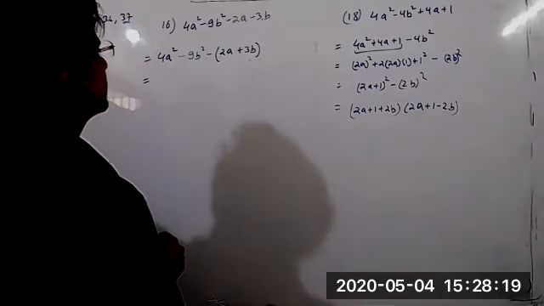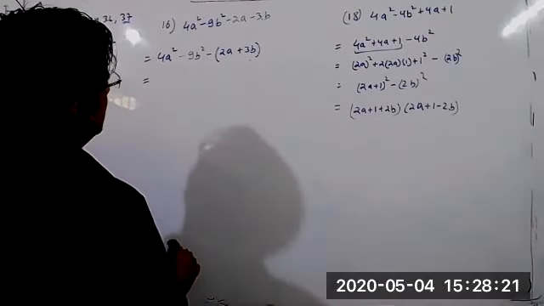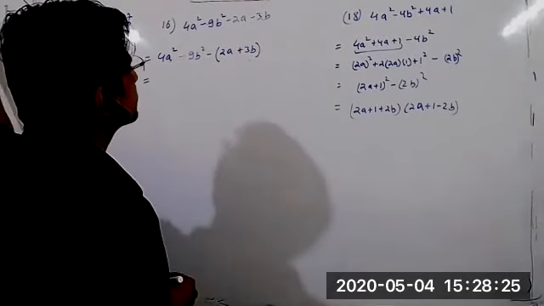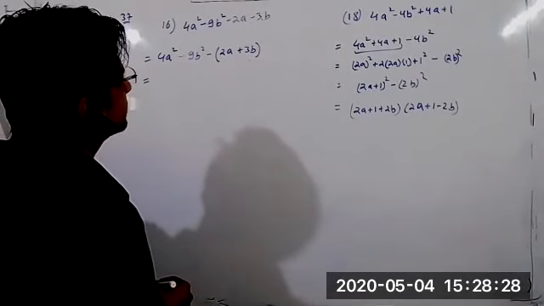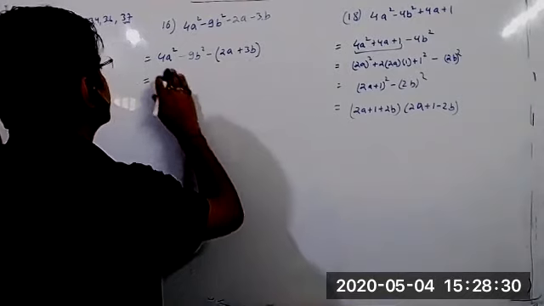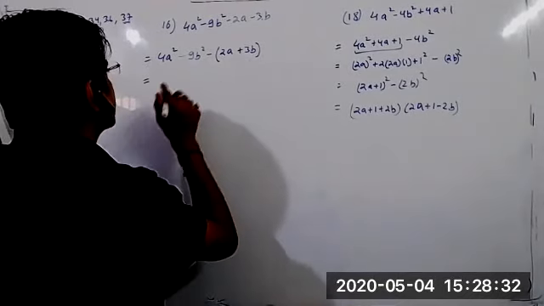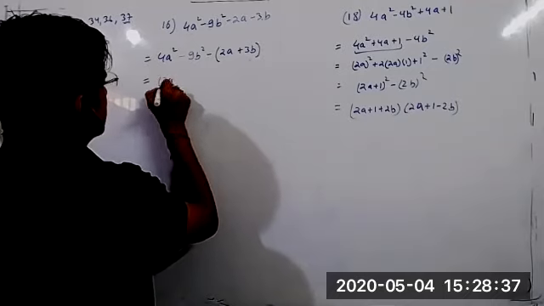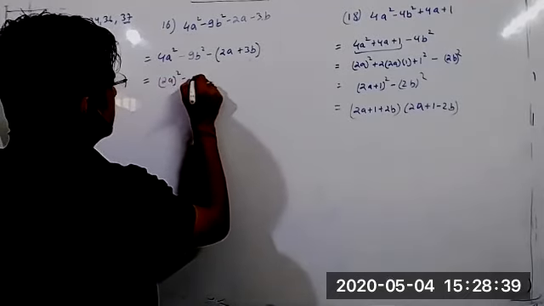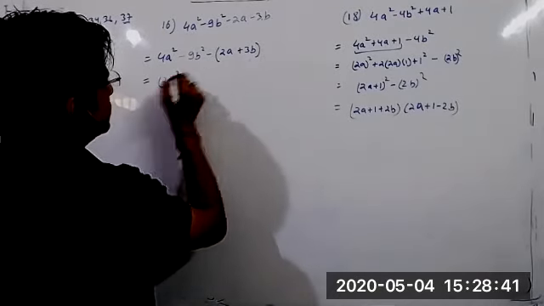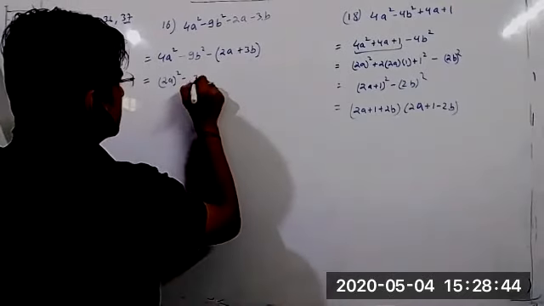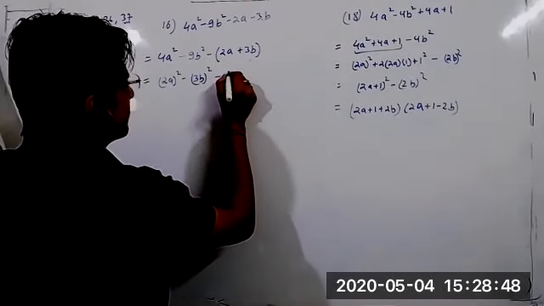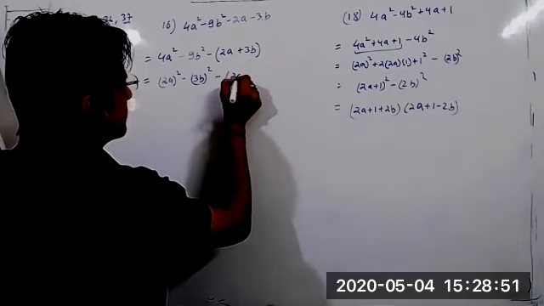Let Mehak solve it. So next step, we can factorize 4a square minus 9b square, that will be 2a square minus 3b square. Minus 2a plus 3b.